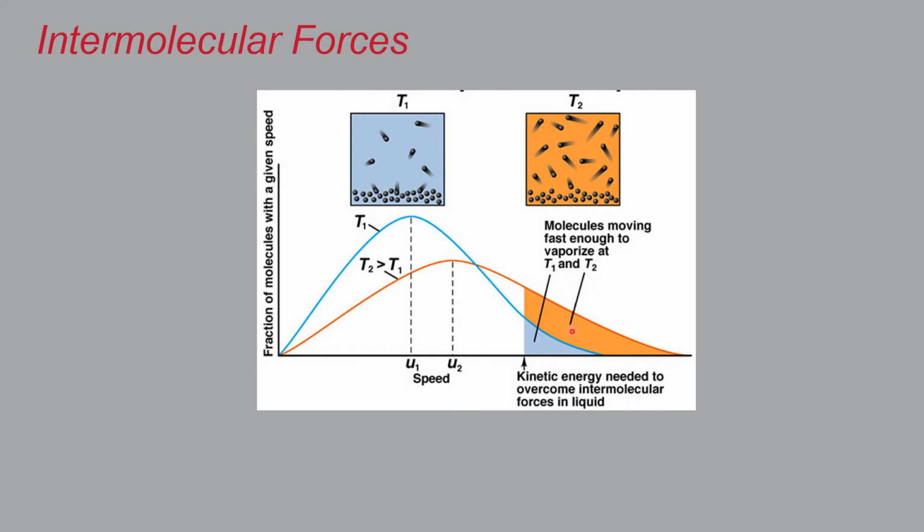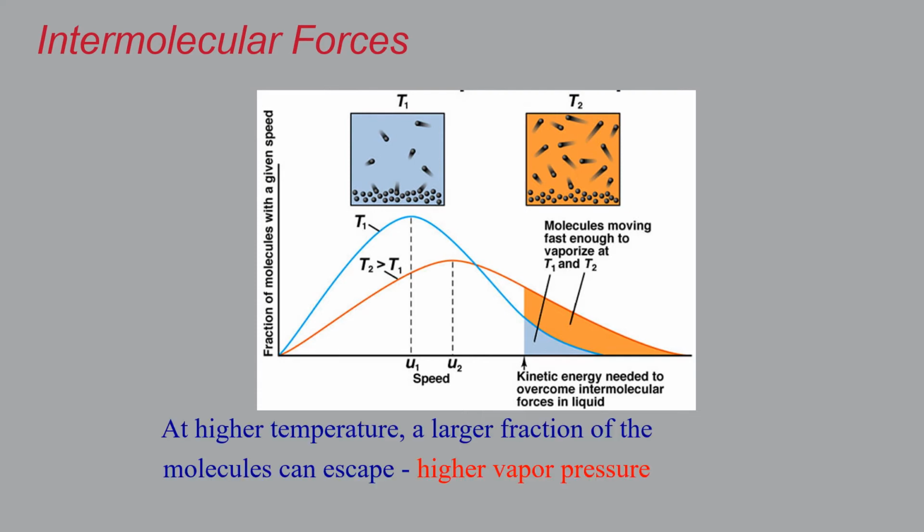So at the higher temperature, a higher fraction of molecules have enough energy to escape. They will do so. You have more gas phase molecules, and so for a particular compound, as the temperature goes up, the vapor pressure of the compound is going to go up, and this applies for anything.